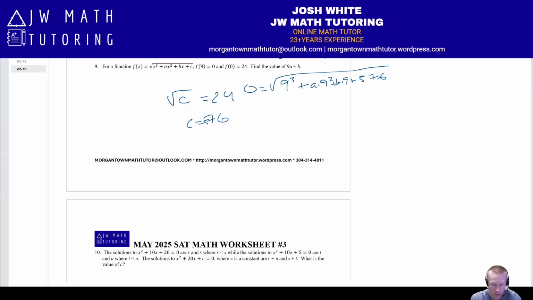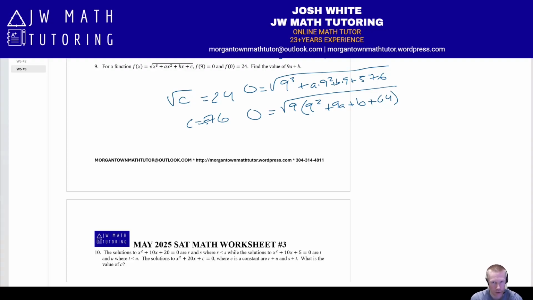The only way that I've seen to solve this, because you're trying to figure out what 9a plus b is equal to, is to do the following. First, factor a 9 out inside here. You get 9 squared plus 9a plus b plus 64. Okay, and again, this is also equal to 0.